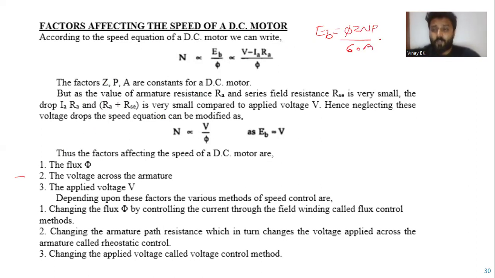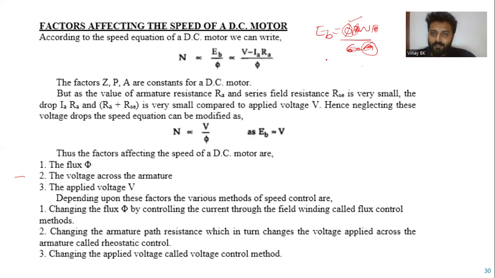Everybody knows. Here the flux per parallel path is variable, the number of conductors Z is constant, the number of poles is constant, the number of parallel paths is constant, and 60 is constant.